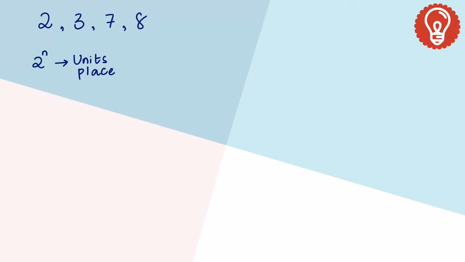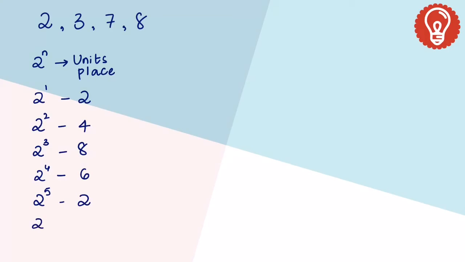Let's observe the pattern of the units place of 2 power n. 2 power 1 is 2 in the units place. 2 power 2 is 4. 2 power 3 is 8. 2 power 4 is 6 in the units place. 2 power 5 is 2. 2 power 6 is 4. 2 power 7 is 8, and so on.